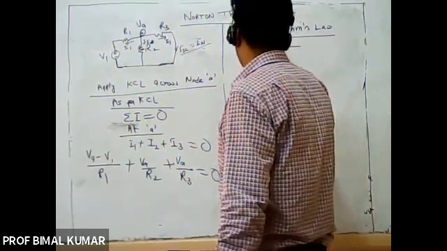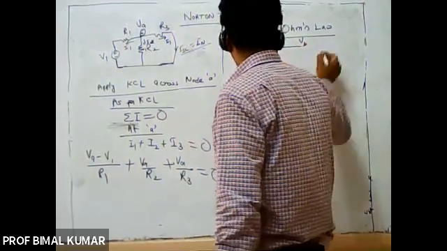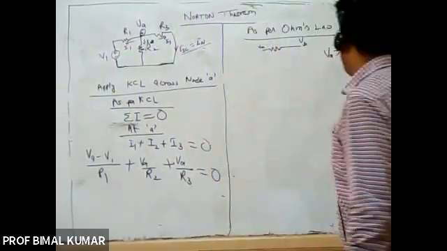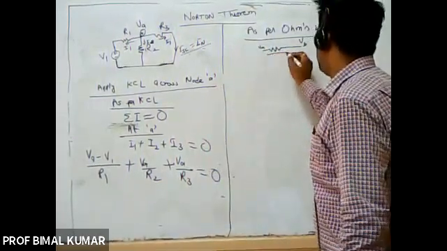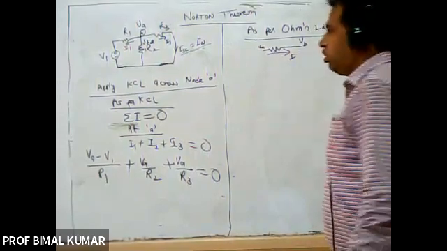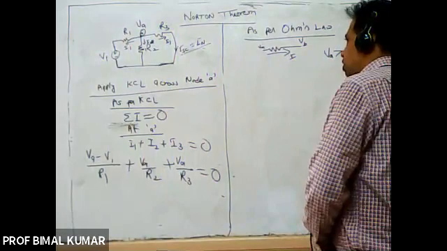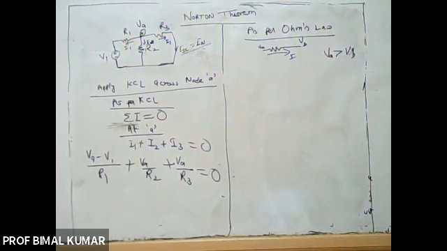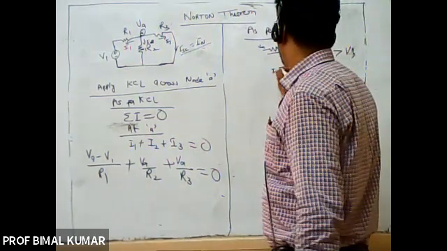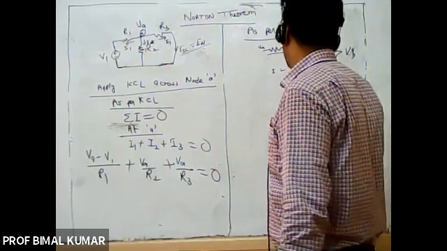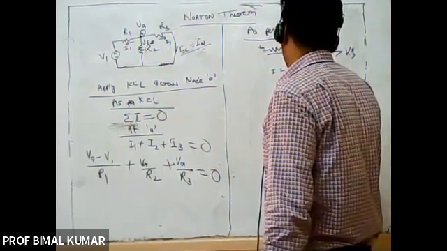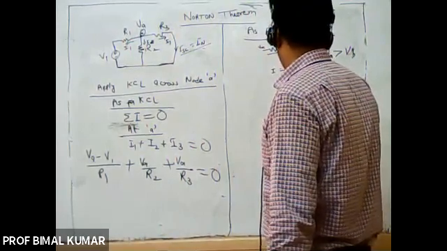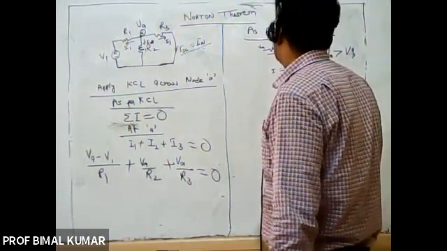Here I am taking the potential VA, here the potential VB, and I am assuming that VA is greater than VB. Current will always flow from higher potential towards lower potential, so current will flow from VA towards VB. As per Ohm's law, I is equal to potential difference upon resistance. So the potential difference here is VA minus VB, divided by R.